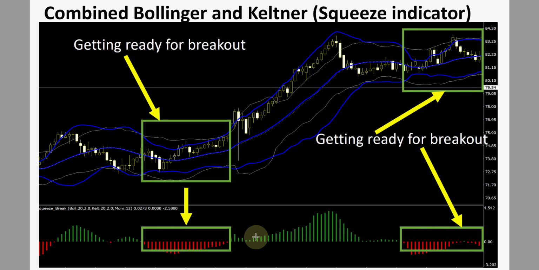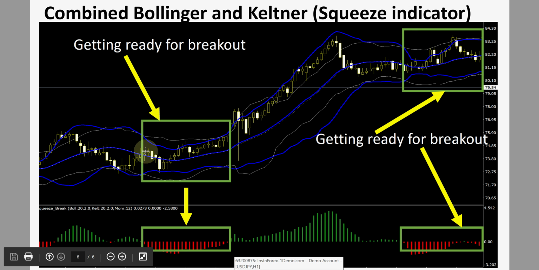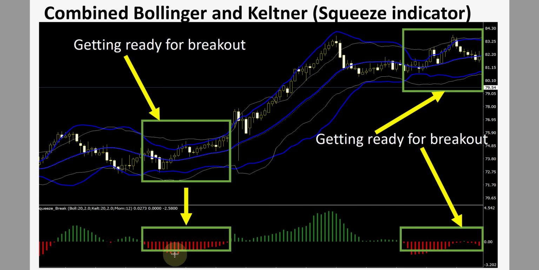So now let us go and practicalize what we have learned so far in a live chart. And before then, this box also shows us that the Bollinger Band is inside the Keltner Channel, and here it's also showing us the same information.